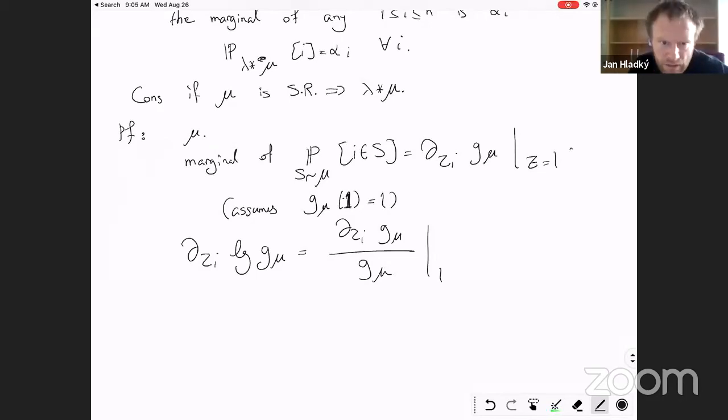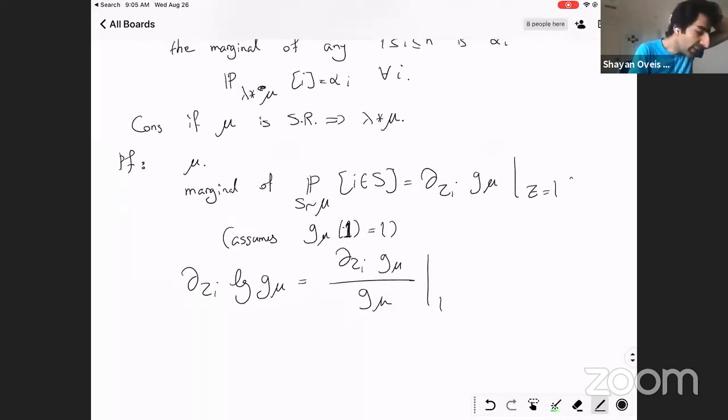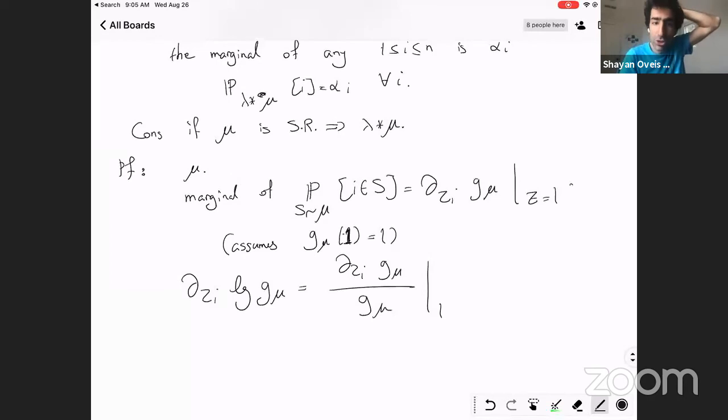Oh, there is a question in the chat. Is it clear that lambda star mu sums up to 1, or will it appear from the choice of lambda? So the thing is, you can choose lambda to make sure that lambda star mu adds up to 1. You can rescale lambda.